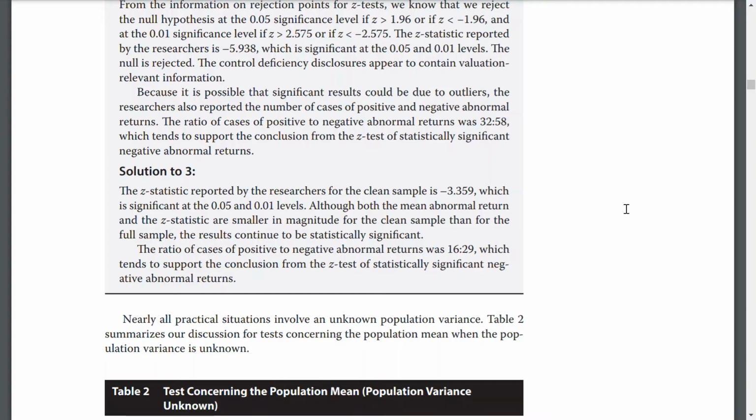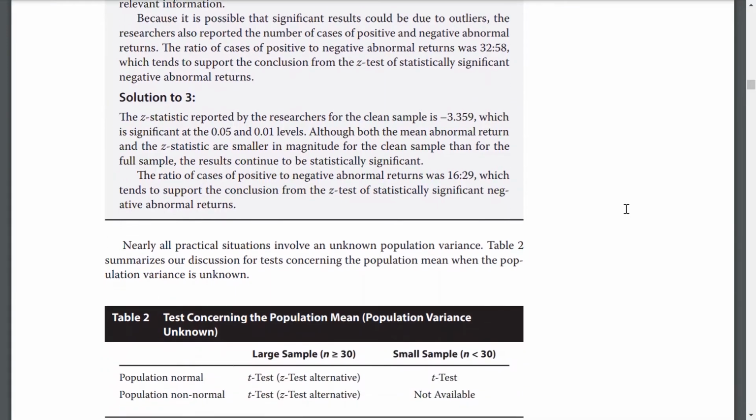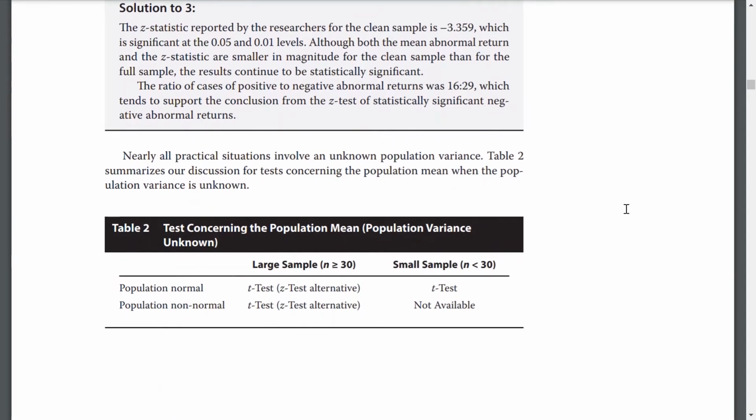The ratio of cases of positive to negative abnormal returns was 16 to 29, which tends to support the conclusion from the z-test of statistically significant negative abnormal returns. Nearly all practical solutions involve an unknown population variance.